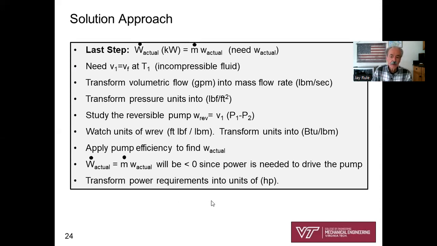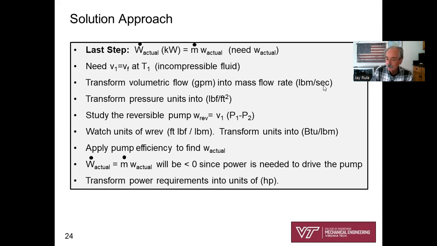Okay, let's look quickly at our approach before we start crunching numbers. Our last step is going to be applying the mass flow rate to W actual. We're going to need to be very careful with units on this. We're going to need V1, evaluate temperature table. We're going to need to transform our volumetric flow in gallons per minute into mass flow in pounds per second.